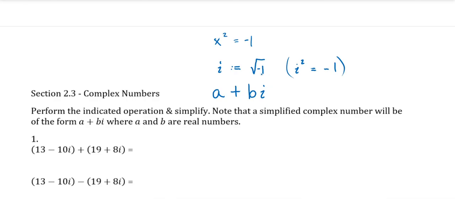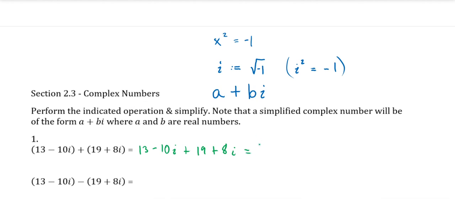So now let's jump into doing some arithmetic with things of this kind, just using the ideas of like terms, because that's all we need to do addition and subtraction of complex numbers. So here I've dropped the parentheses because they were more or less just organizational parentheses showing me one and another complex number.